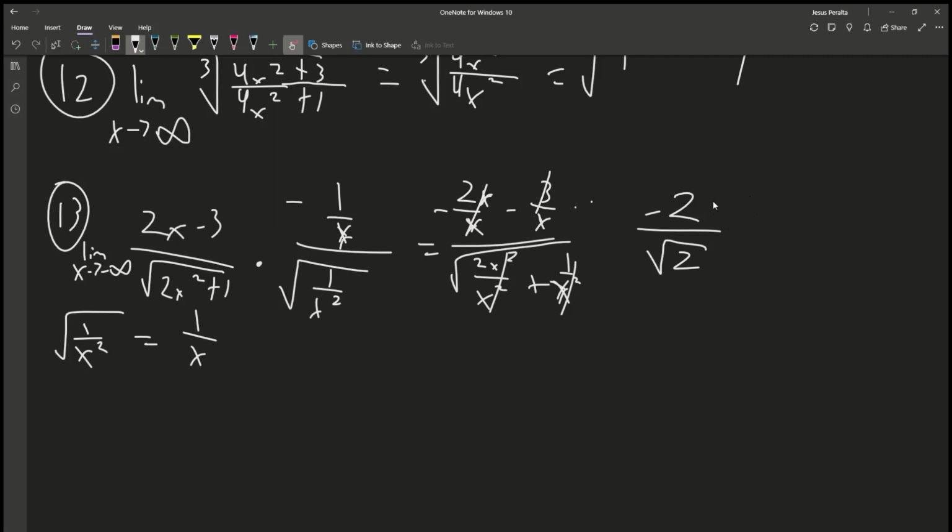Then we multiply top and bottom, and oh yeah, that's what I did wrong. Over 2, those cancel out, so it would be equal to negative square root of 2.